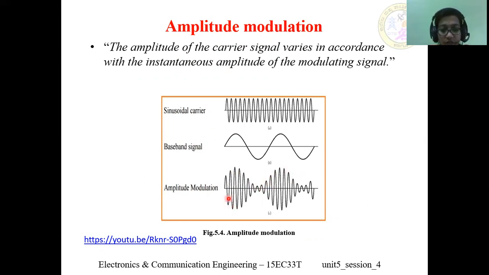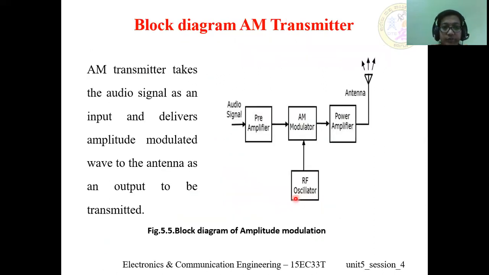The high frequency carrier's amplitude varies in accordance with the instantaneous value of the message signal. The envelope of the amplitude modulation output has all the instantaneous values of the message signal, or modulating signal, or baseband signal. So this is the waveform representation for amplitude modulation.